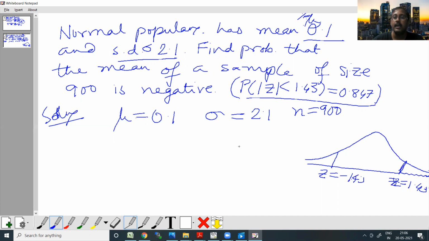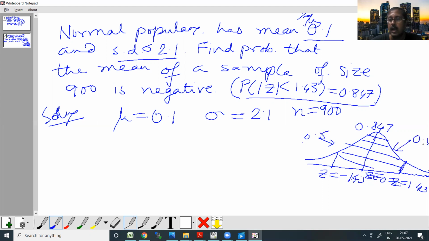So what does it mean? It means that the area under the curve between minus 1.43 and plus 1.43 is 0.847. And we also know that this is z equal to 0, that is the mean. So obviously, on each side we have 0.5 and 0.5. Both sides of the curve are 0.5.